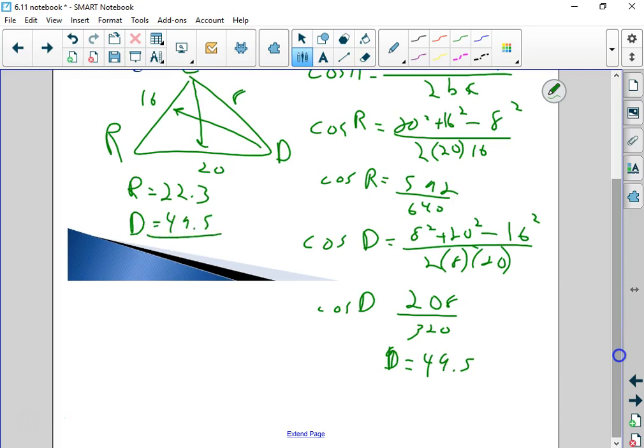Now we just add these two and subtract from 180. So 180 minus 71.8 is 108.2. That means angle E is 108.2. These are all degrees. Again, it looks nastier than it really is.